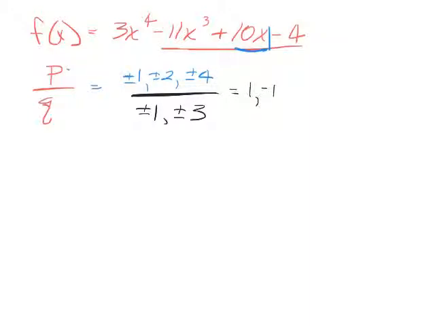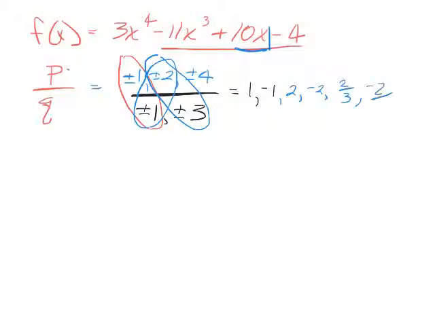So just using these, I get these options, if I were to just take those fractions. Okay, so let's use the 2. I'm going to look at the 2's with the 1 and then the 2's with 3's. So I get a 2, -2, I get a 2/3, and I get a -2/3.